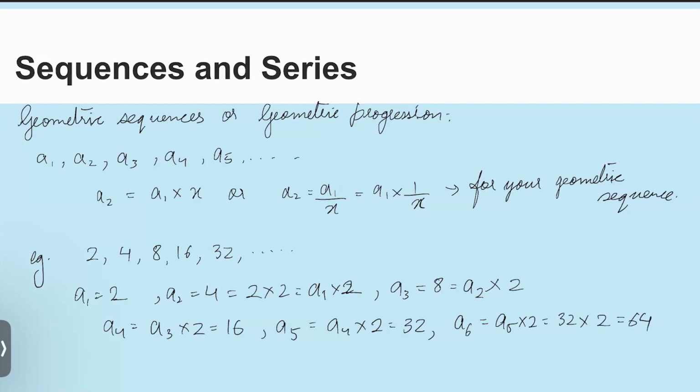So you can see that the number 2 is being multiplied to each of the preceding terms of the sequence. Therefore, this is a geometric sequence.